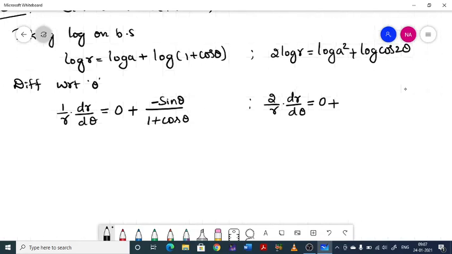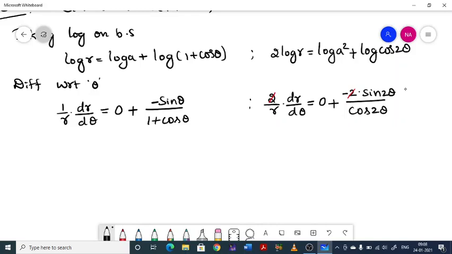So differentiating this, in the denominator you get cos 2 theta, no problem with that. In the numerator, derivative of cos 2 theta into derivative of 2 theta. So derivative of 2 theta will be 2, derivative of cos 2 theta will be minus sin 2 theta. So totally I can write this as minus 2 sin 2 theta. So you can cancel 2 on both sides. So 2 get cancelled.